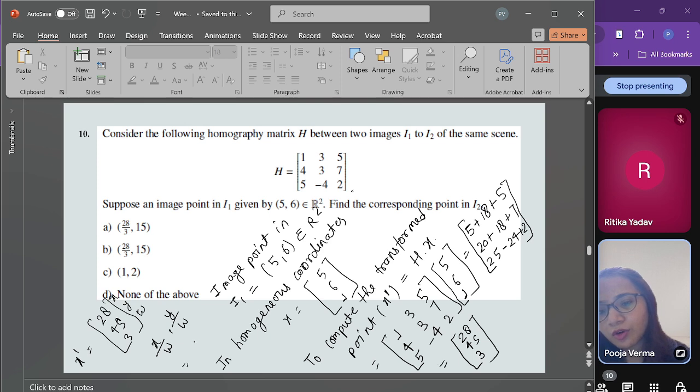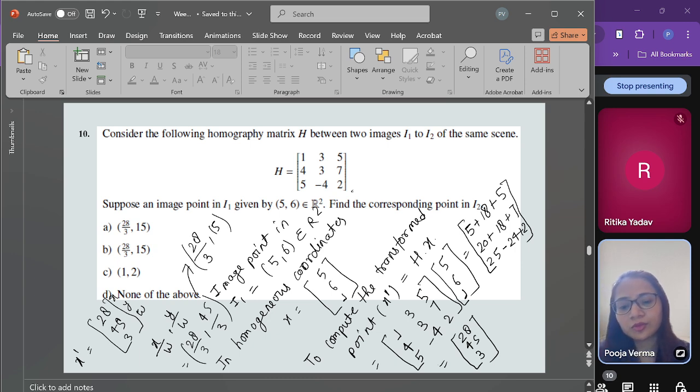So you will get 28 divided by 3 and 45 divided by 3. 28 can't be divided evenly by 3, or you can write it in decimal form, but already it is here. Next, it is 15. So this belongs to the corresponding point in I2. Okay, which option is the correct one? Option A is the correct answer for this question.